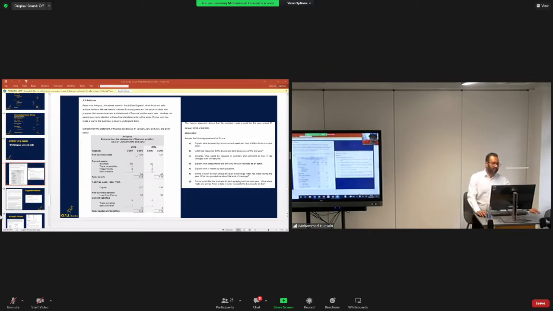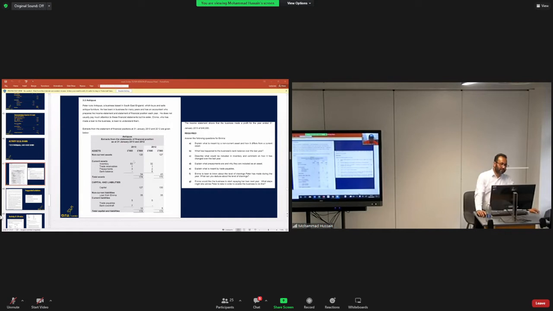So this is the comparison, right? Generally, financial statements give you 2 years. So in here, Peter's antiques business has given his statement of financial position for 2 years.